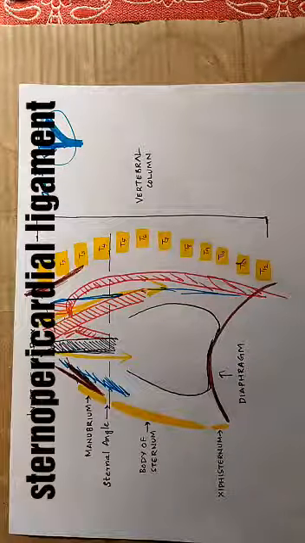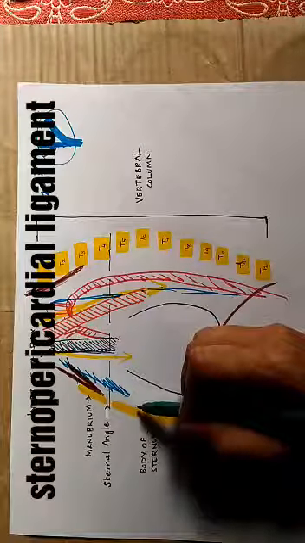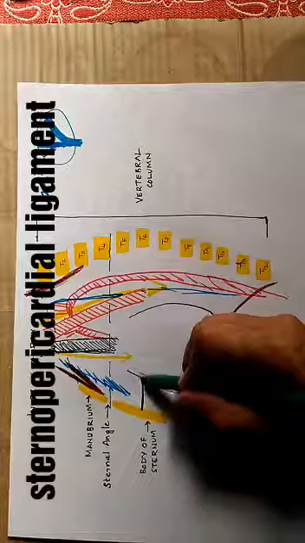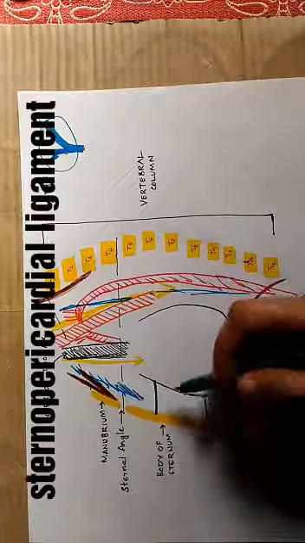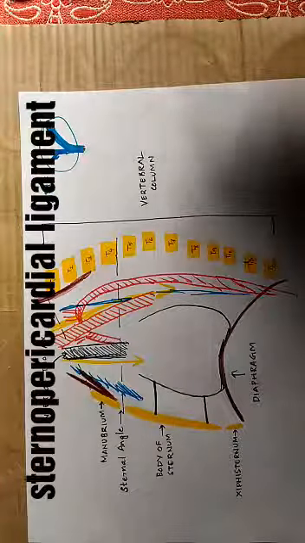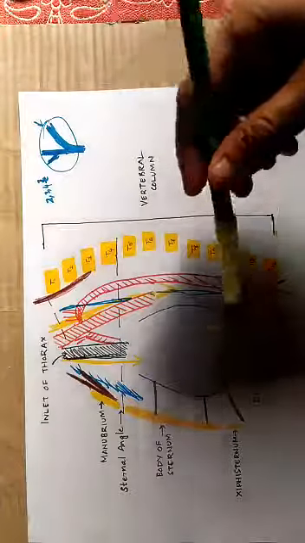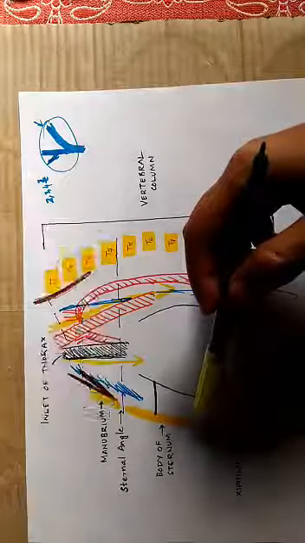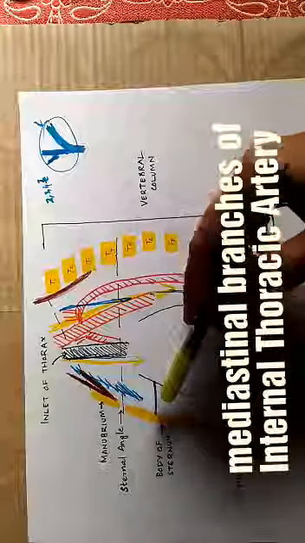The contents of the anterior mediastinum: the first is the sternopericardial ligament, which connects the pericardium to the sternum. There are two sternopericardial ligaments, superior and inferior, connecting the body of the sternum to the pericardium. Another content is the lymph nodes and lymphatics. Then the mediastinal branches of the internal thoracic artery.